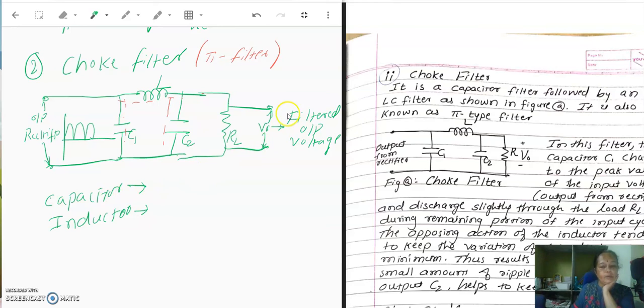So you do remember the functionality with respect to the formula. You do know that the frequency F is 1 by 2 pi root LC.